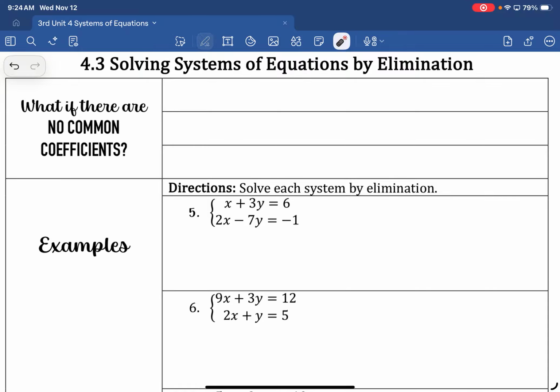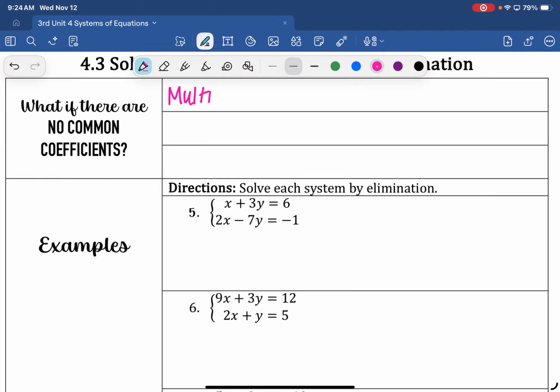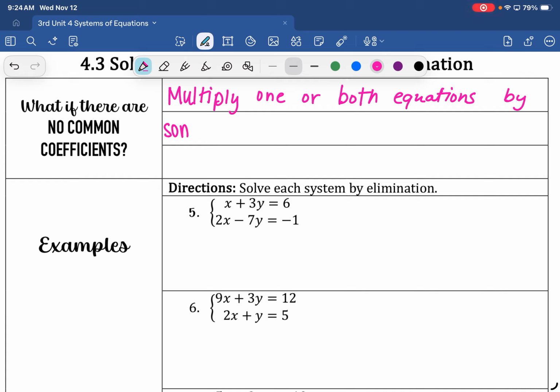And how we do that is we are going to multiply one or both equations by some number to create matching or opposite coefficients.